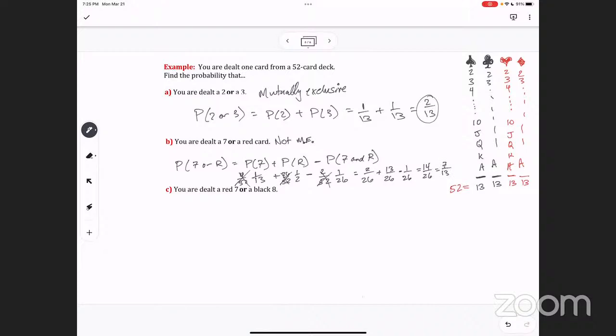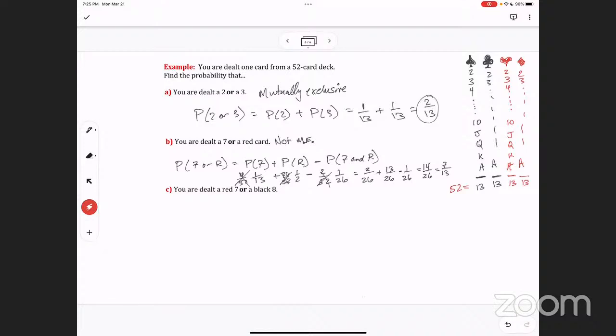So what you did not want to do is count the red 7 twice when you're counting the 7s and the reds. That's why we had to subtract that out. I see. Because they're not mutually exclusive. They could both happen at the same time.